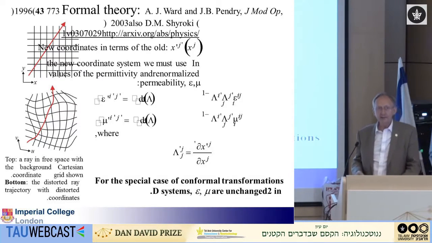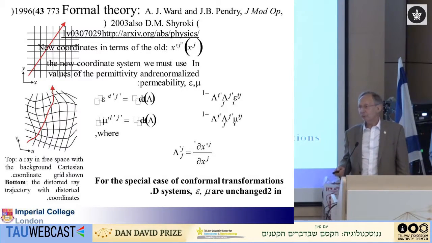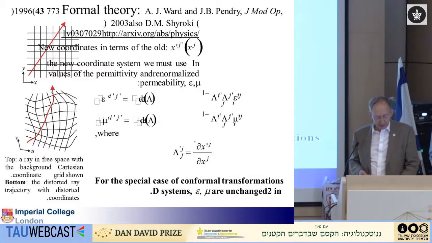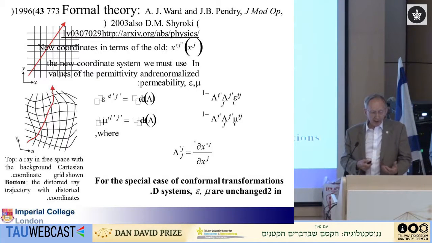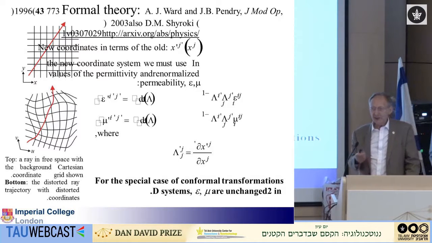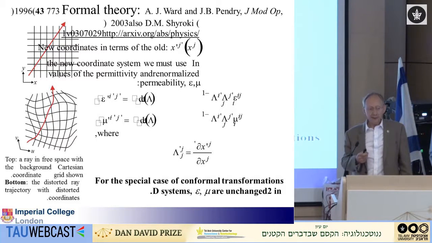So we have a geometrical, in my mind, an intuitive way of thinking about how to move rays around in a manner which is exact at the level of Maxwell's equations and therefore applies on the nanoscale.